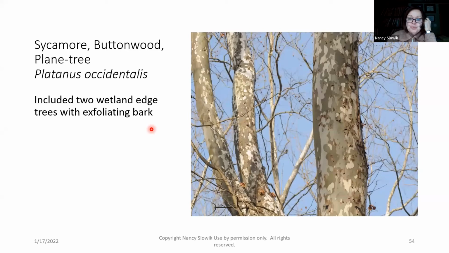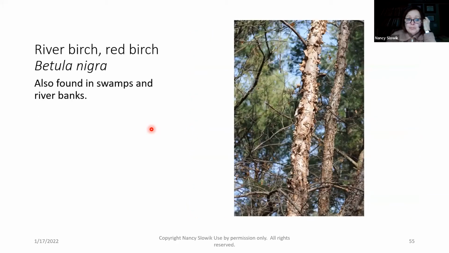I've added just two really recognizable wetland trees for their exfoliating bark. There's nothing more beautiful than the sycamores and their creamy colored, pale cream under bark, as well as the river birch. We used to do a lot of canoe trips, and this was a plant that you always saw along the river edge. Very handsome.